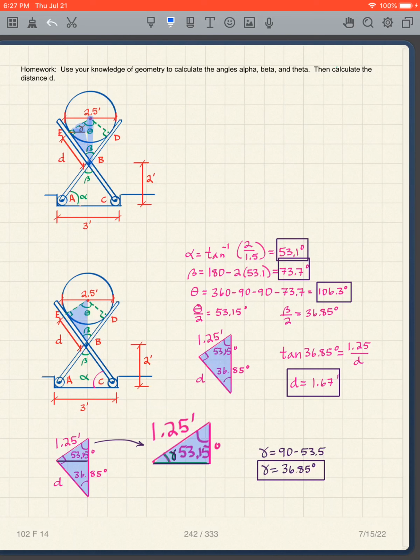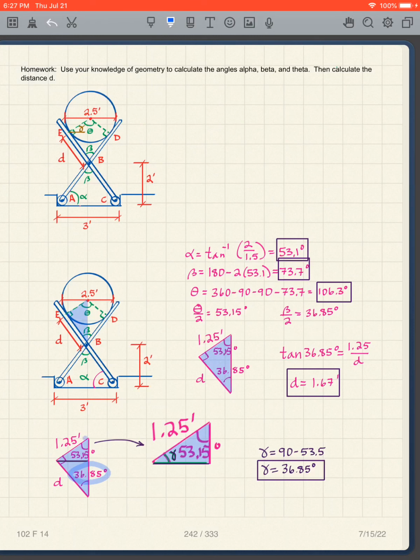I now can use this triangle, which is this triangle down here, to get the distance D, and so I have these angles, which I've got the beta over 2, which is 36.85 for this angle.